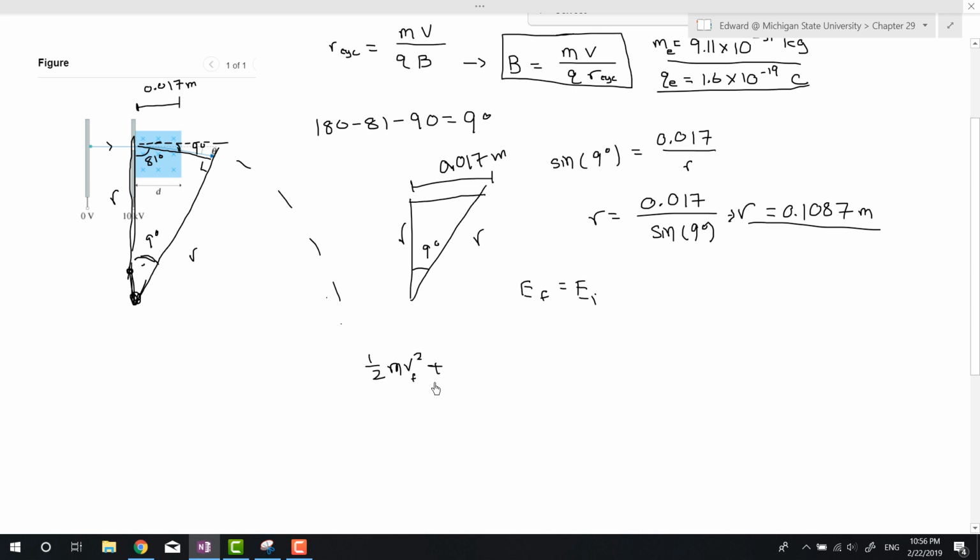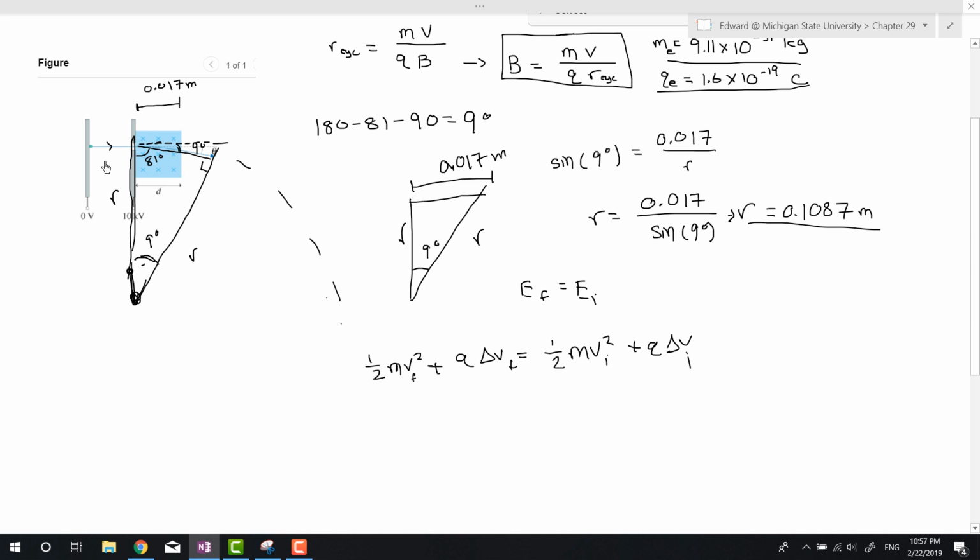Let's just put F for final. Potential, that'll just be the charge times potential difference, is equal to 1/2 mv squared initial plus Q delta V. So this is just potential, so that's kinetic and potential. So this is final and that's initial as well.